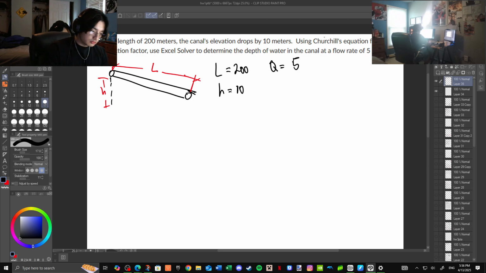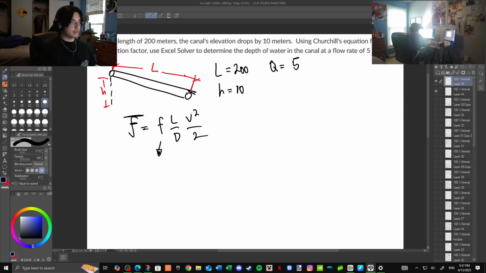So we use the equation for frictional heating, which in this case will be F L over D times V squared over 2, right? We can pull the Darcy friction factor, and by using Churchill's equation, we can actually find this friction factor by using Reynolds number.